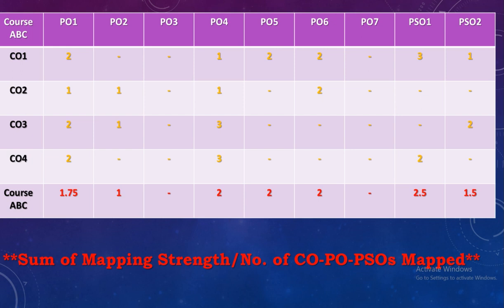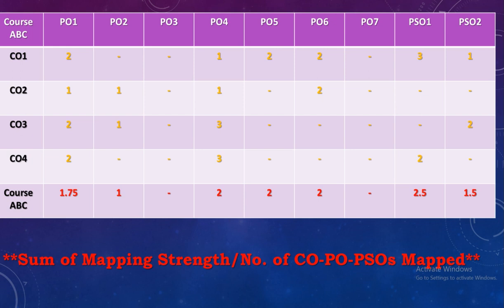Now as per the formula, that is 1 plus 1 divided by 2. Here 4 is not used. Here only 2 is to be used because 2 is the number of the CO-POs mapped. We shall not consider the no-correlation cells here.